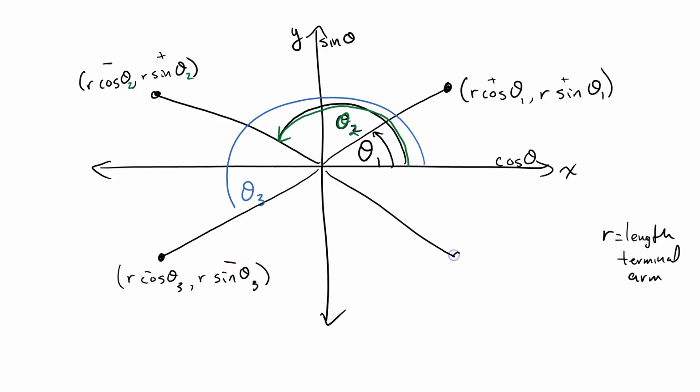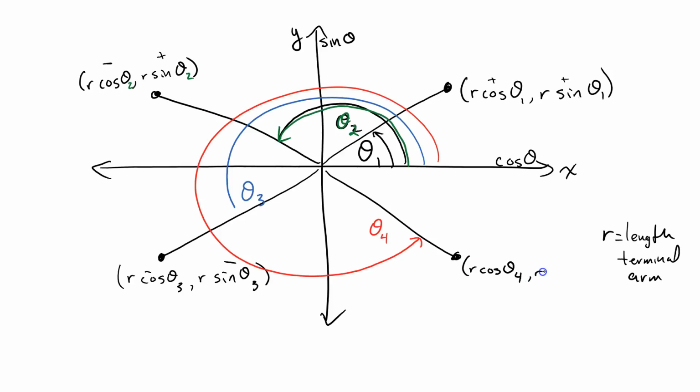Last but not least, we have our theta 4. So the coordinate points of this are going to be r cos theta 4 comma r sine theta 4. I know that my x values are positive for this one, so that means cosine is positive. And our sine values, which is our vertical, is negative.